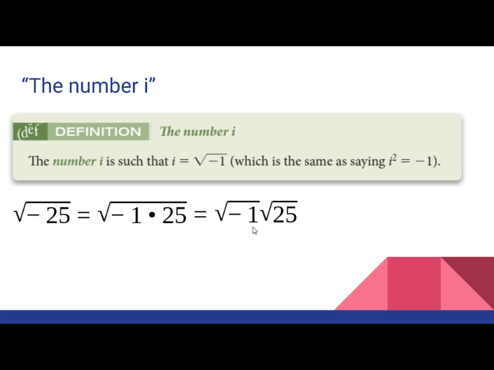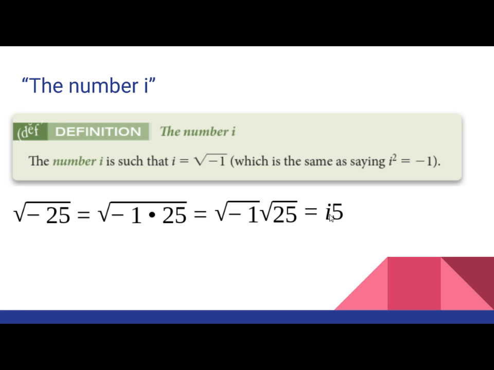Now that we have that, the square root of negative 1 we have defined to be i, and the square root of 25 we know is 5. So the square root of negative 25 gives us i times 5. And by separating out the square root of negative 1, we could deal with the 25. We could deal with this number as a positive and leave this negative 1 out as i.